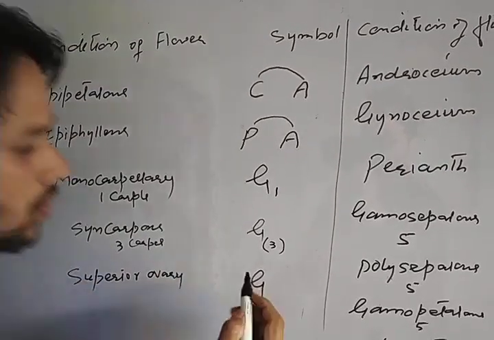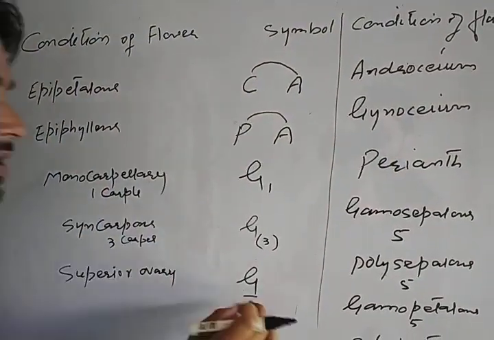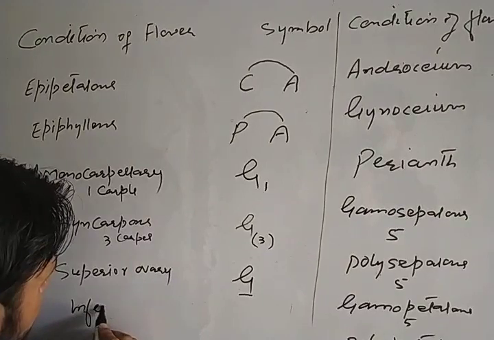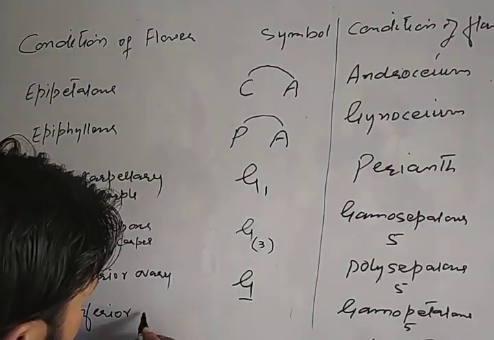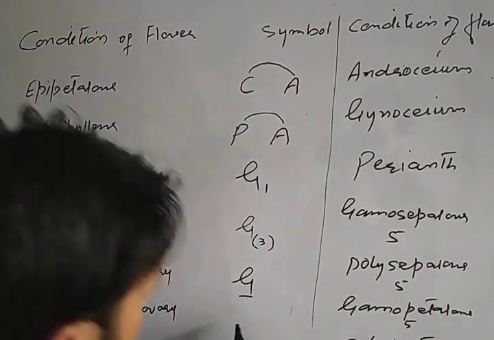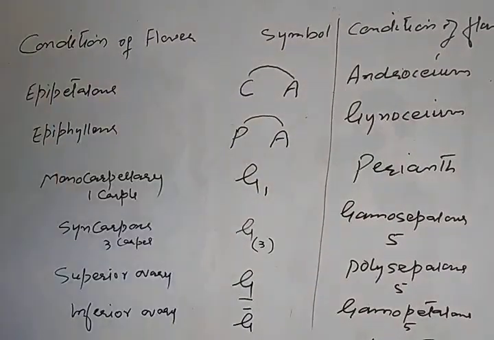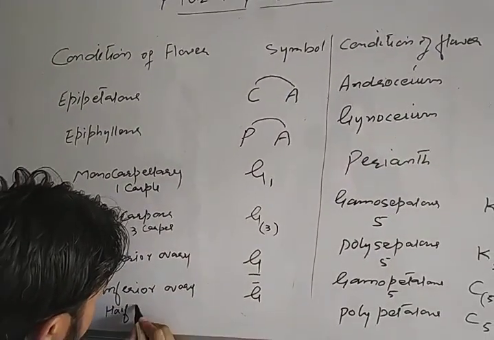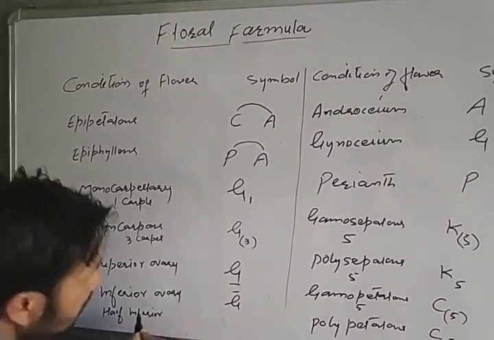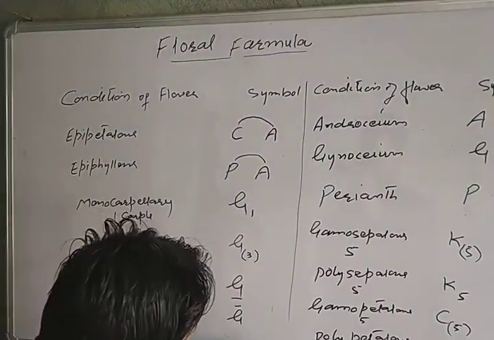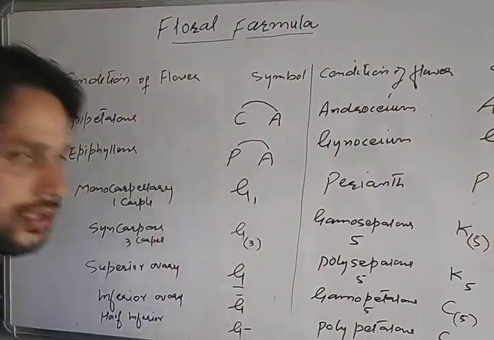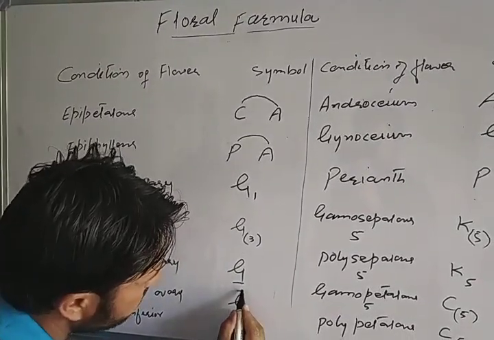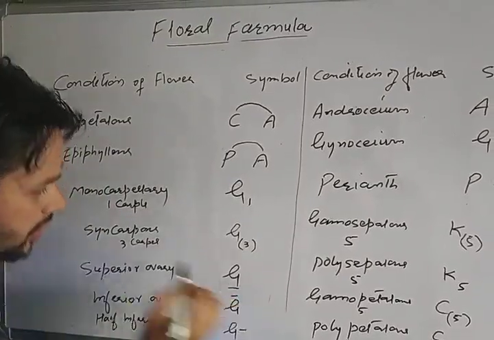If this is a superior ovary, we take a small dash below the G. And if it becomes an inferior ovary, then again G, but the dash remains at the top. And if it is half inferior, we write G and the dash at the middle. This is half inferior or half superior. Inferior ovary: G, dash at top. Superior ovary: G, dash at the base.